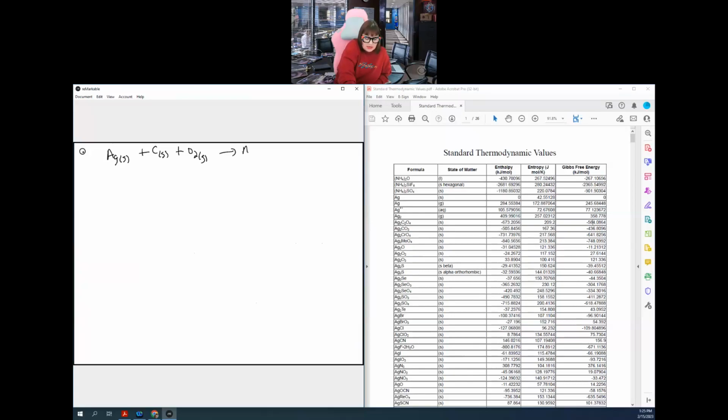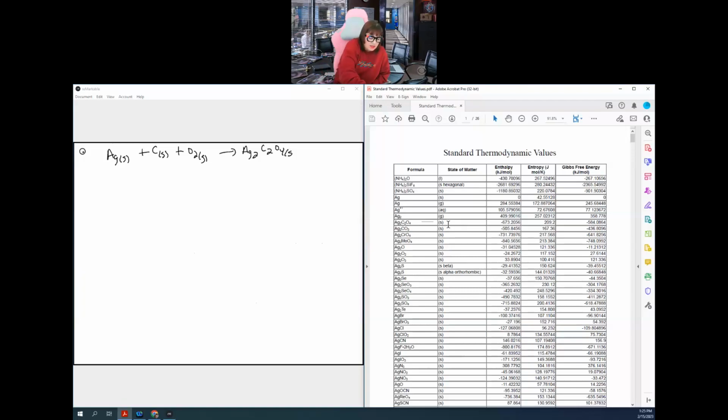And I want to make Ag2C2O4, which is a solid. Okay. And actually, I can show you that. It's right here. So this is the value that we're looking at, that Ag2C2O4, and you can see that it's a solid. Okay, so that's the material that we're going to make.